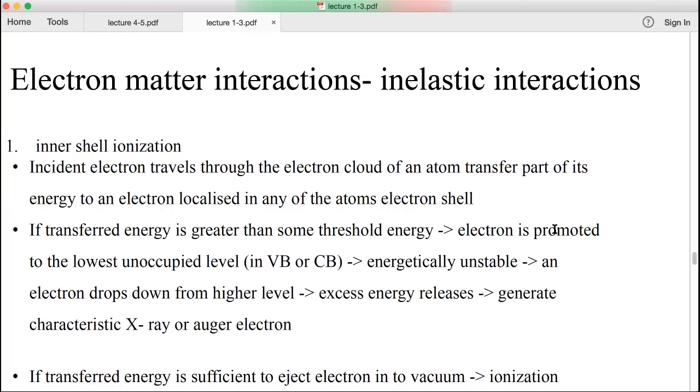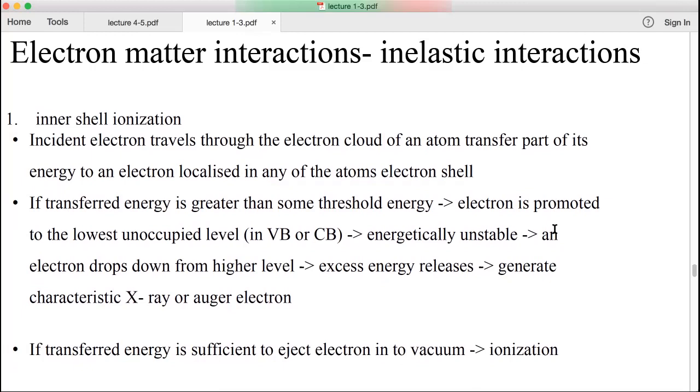Not the excited state. Then the electron can drop down from a higher level towards a lower level, and it will release that excess energy, and that will generate characteristic X-rays, right? Or that can create an Auger electron. We'll see how that happens. If the transferred energy is sufficient to eject electrons to vacuum, you call it ionization, as I told you earlier. If you provide the binding energy, you can ionize it, right?